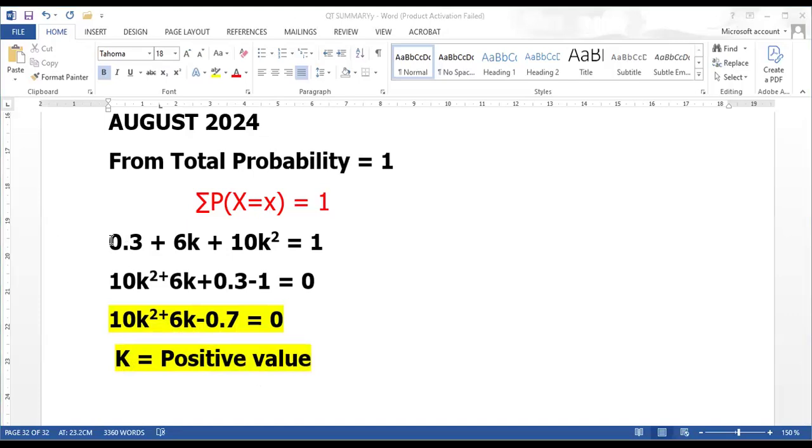Remember, this is from this step. Are you okay? Yes. Now even the rearrangement, the second one, I'm okay. But are you okay with the third one? When you get 0.3 minus 1, what do you get?